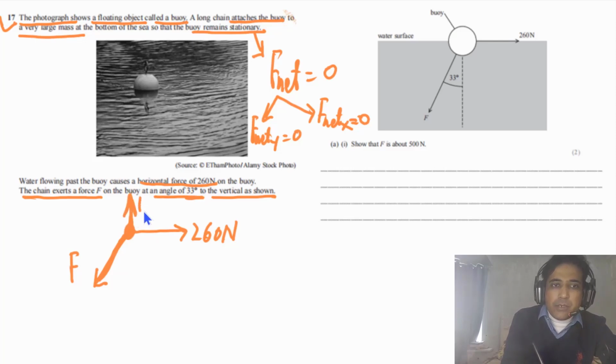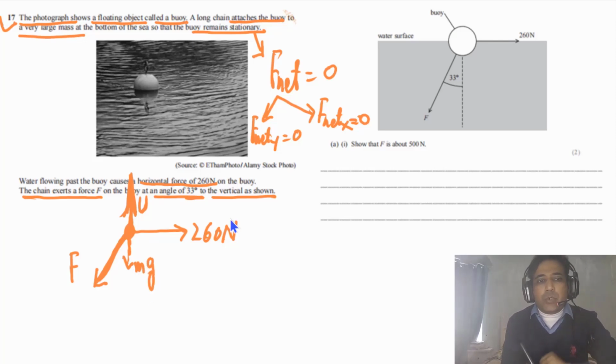So you can draw this arrow a bit longer. So this is the upthrust, and there is a weight of this buoy that is acting down. So this is mg. This is how we can draw the free body diagram. These are the forces acting on this one.